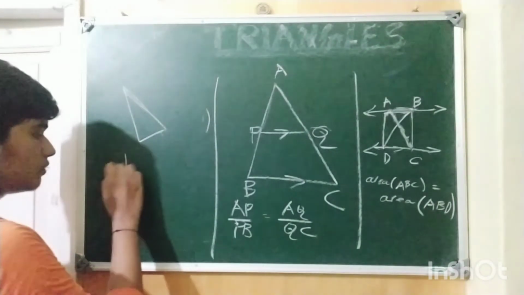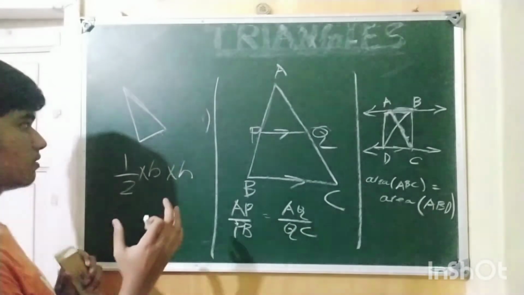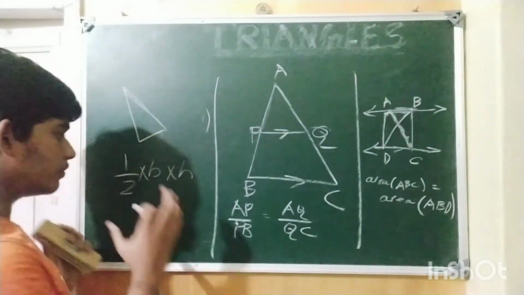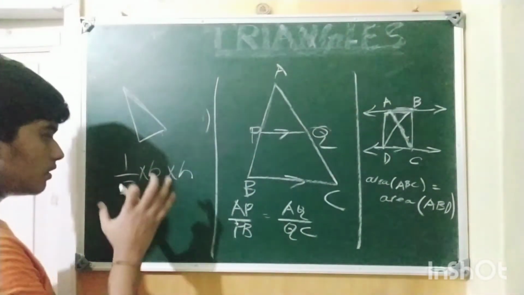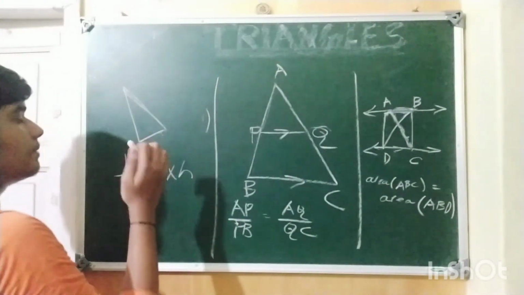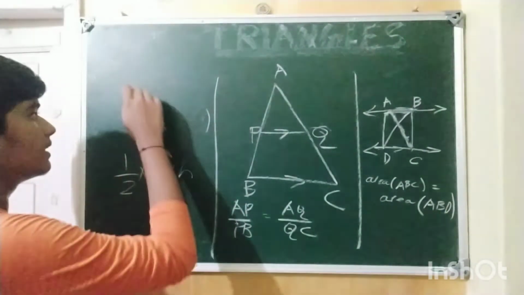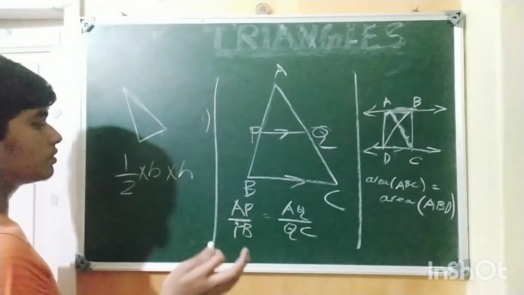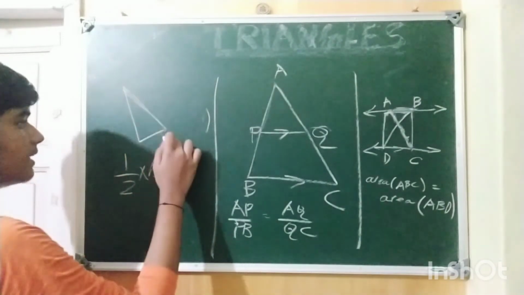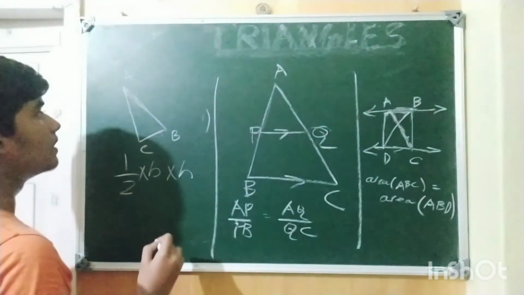It is the same formula for an obtuse triangle as well. But when you use this formula over here, you find a problem. There is no obvious way to draw a height. You kind of get confused on how to draw the height because the base is there, but what about the height? So let's call them A, B, C.